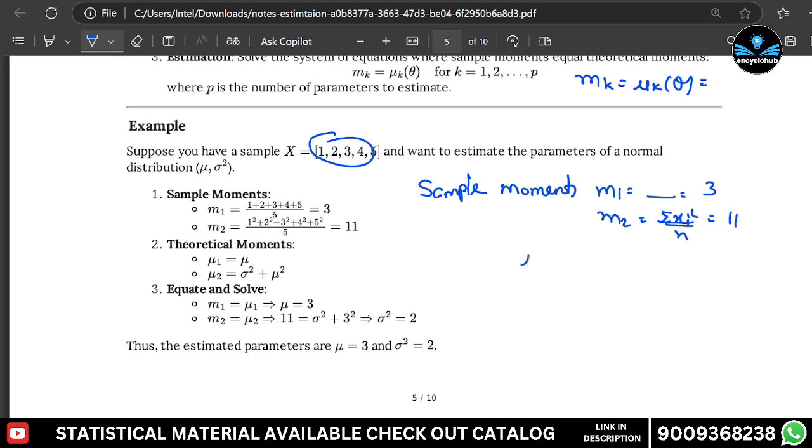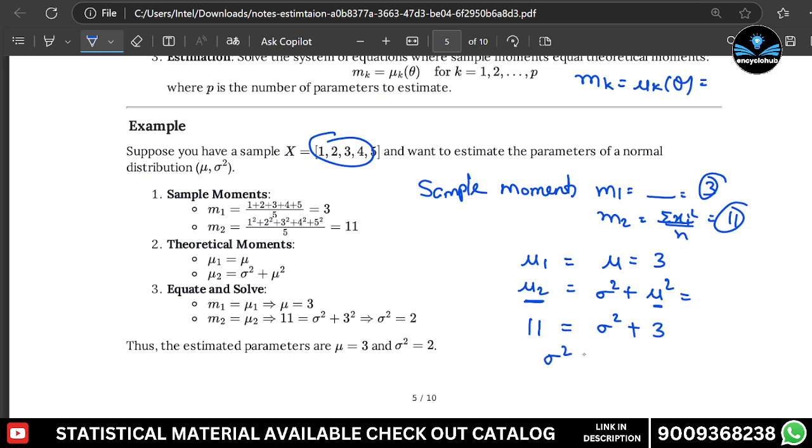Now the theoretical moments, mu1 and mu2. Mu1 is mu, which means the mean, and mu2 is sigma square plus mu square. Now we know that mu is 3, so we write 3 here, and sigma square we have not found yet, so we will find it. We know the mu2 value is 11, and mu is 3.